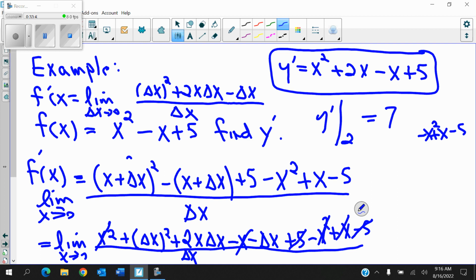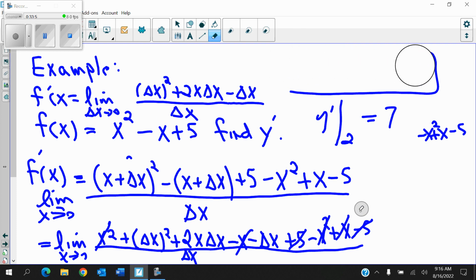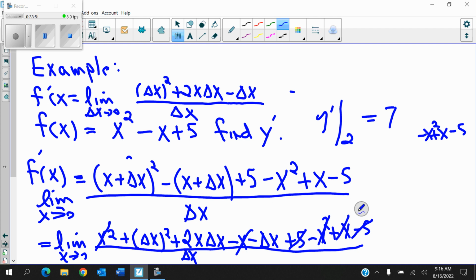And I think at that point we're okay. Now what do we do? We got to factor out a delta x in the top. See what happens there.